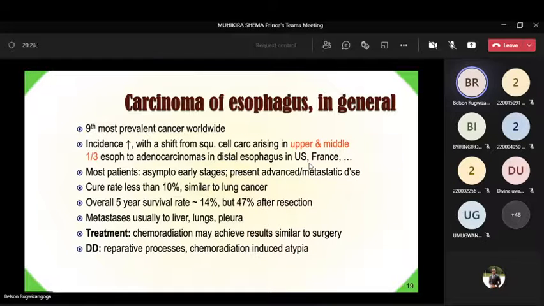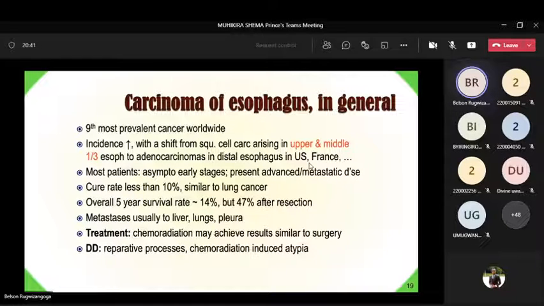But when surgery is done, at least after 5 years, 47% of them will be still surviving. And here, the surgery of the esophagus is very cumbersome. You know where its location in the anatomy.